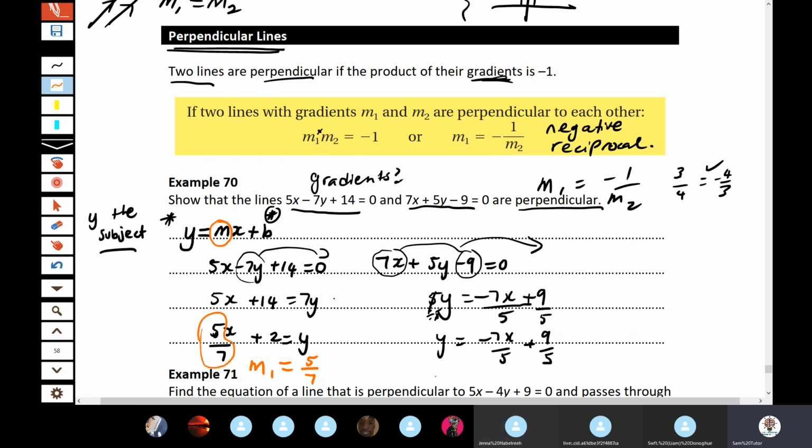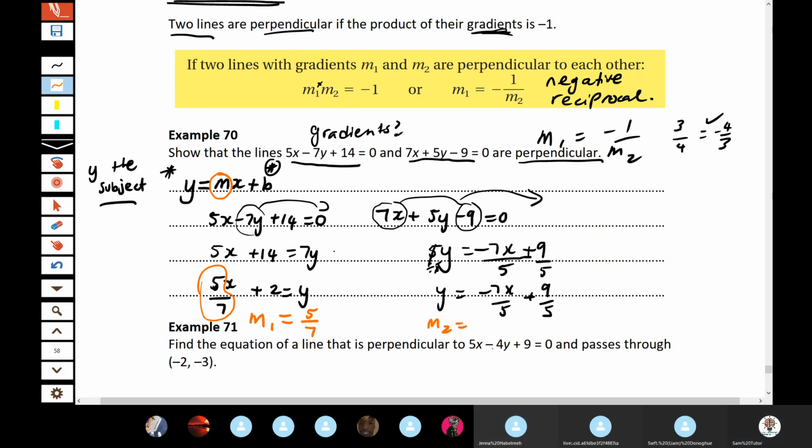Cool. And then what's your M2? What's your gradient of your other one? This one here. Negative 7 over 5. Brilliant. And then the question said, show that they are perpendicular. Are these two negative reciprocals of each other? Yes.